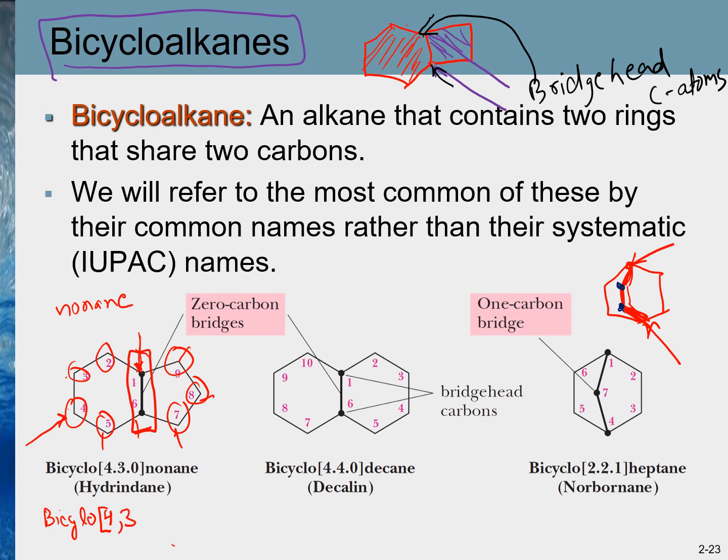And then we look for any carbon on the bridge. Not the bridgehead carbon, but any extra carbon on the bridge. In this case, there is no extra carbon in the middle, so therefore we write 0 and then square brackets close and then nonane.